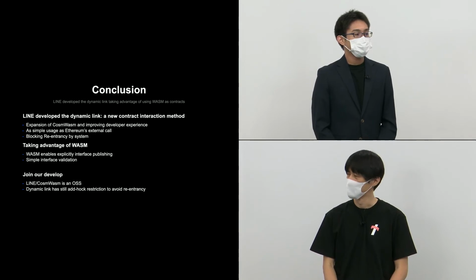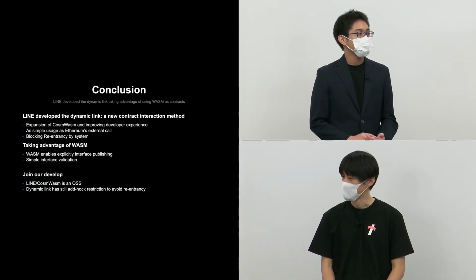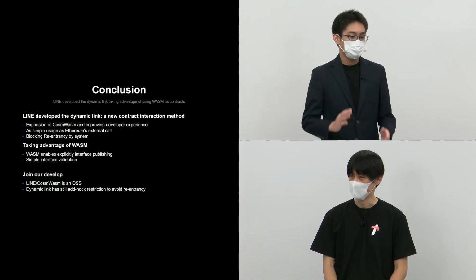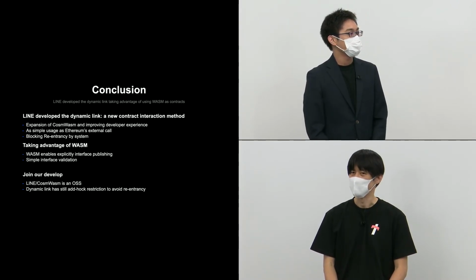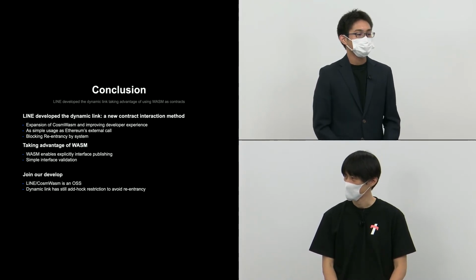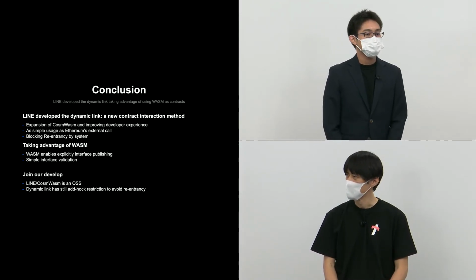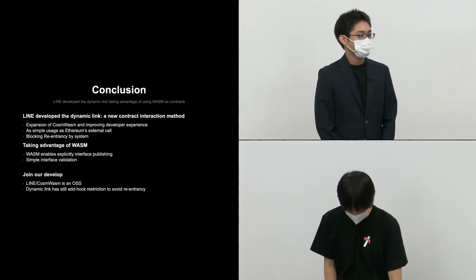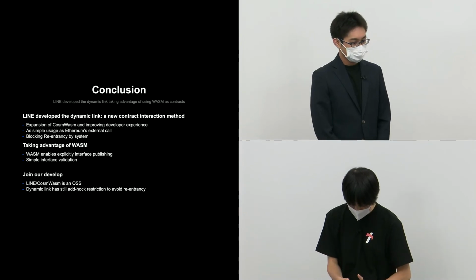The biggest reason is that CosmWasm is WebAssembly, because in the smart contract area, I think a lot of potential is in that technology. So we can deploy WebAssembly here. That was the major reason. I see. Okay.